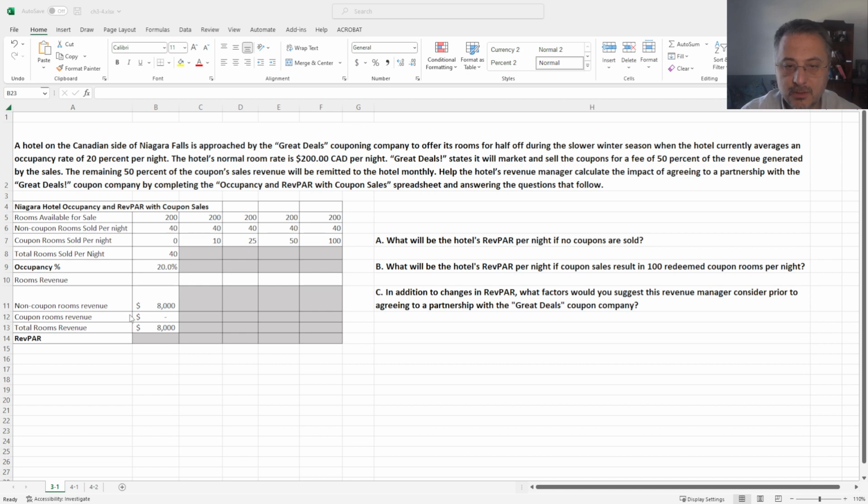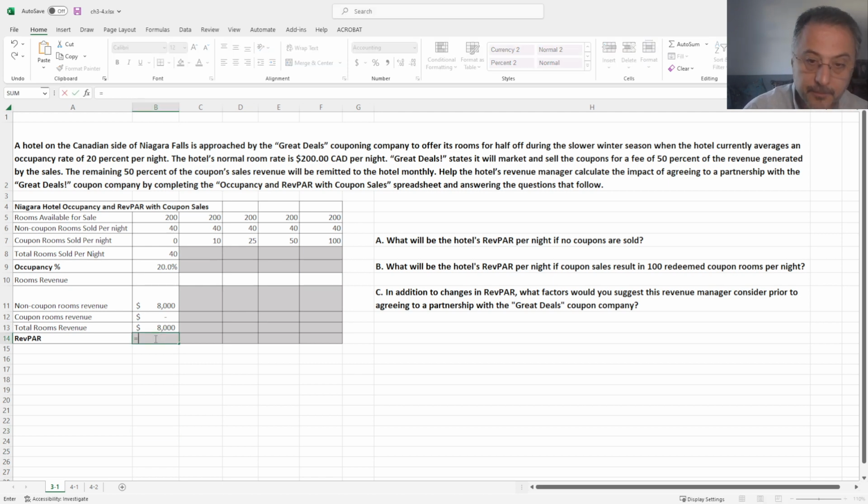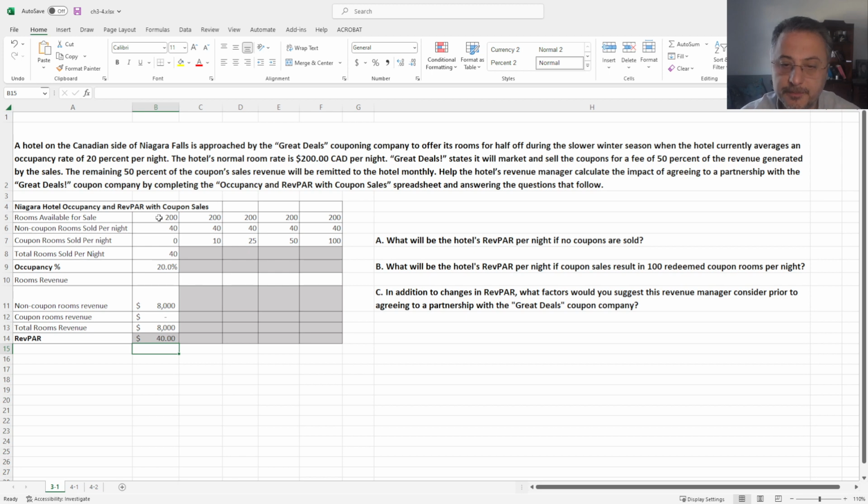Room revenue in the spreadsheet has two different calculations, one with the non-coupon, one with the coupon. The non-coupon is 40 rooms at $200 Canadian, which is 8,000. There is no coupon room revenue because it is 0. And total room revenue is 8,000. So RevPAR is going to be room revenue divided by hotel rooms available, which is 40. Okay, that's the first answer.